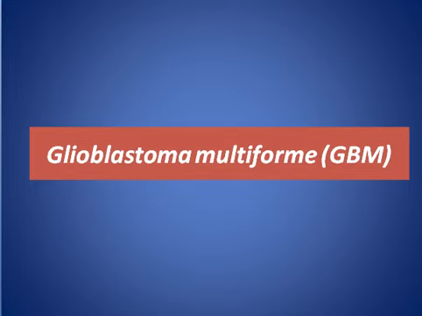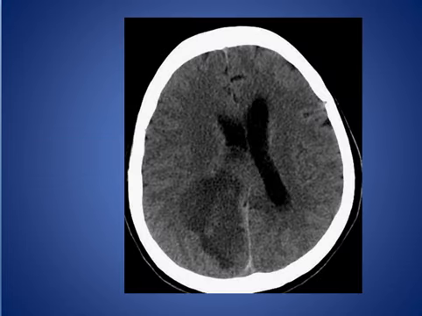Let us see some examples of this tumor. Here we see a CT scan of the head without contrast. We see a low signal mass lesion in the right occipital region with an isodense halo, and it has mass effect on the right lateral ventricle, and some edema, and it is crossing the midline here.